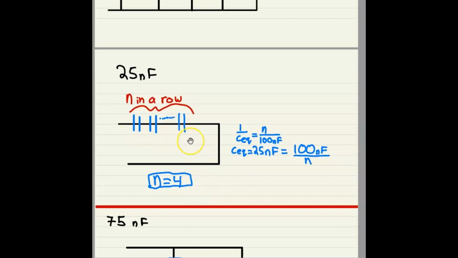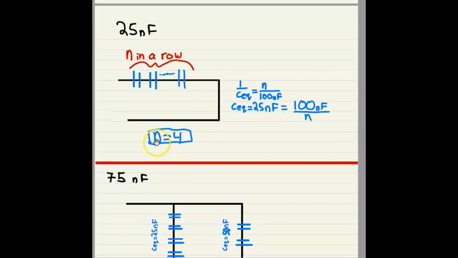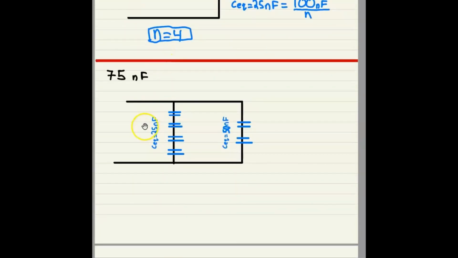If I add up 4 100 nanofarad capacitors in a row in series, that is equal to 1 25 nanofarad capacitor. And to get a 75 nanofarad capacitor, I can add a 25 nanofarad capacitor plus a 50 nanofarad capacitor in parallel, and I already know how to get a 25 and a 50 because that's something that we just did in this problem.